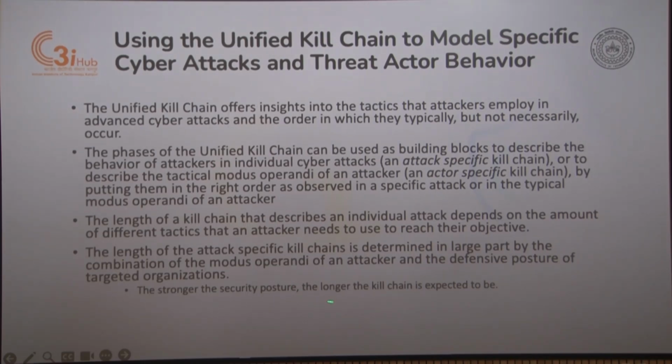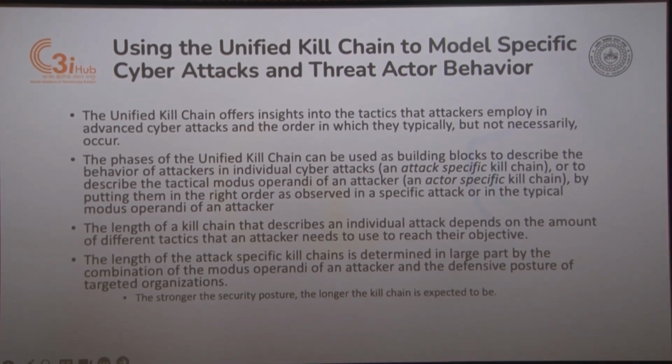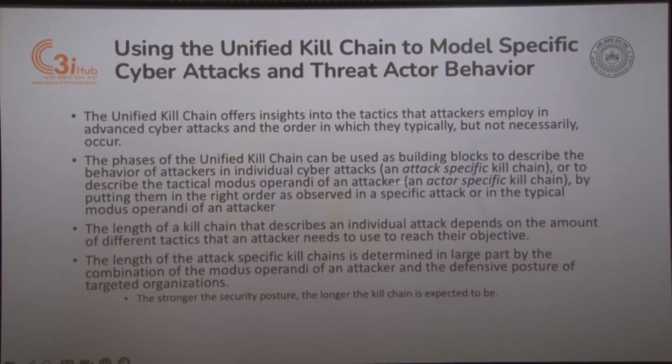It reflects that attackers struggled to get direct access to the victim's critical assets, and rather performed a series of several actions or intermediate goals, and that led this kill chain to be longer.